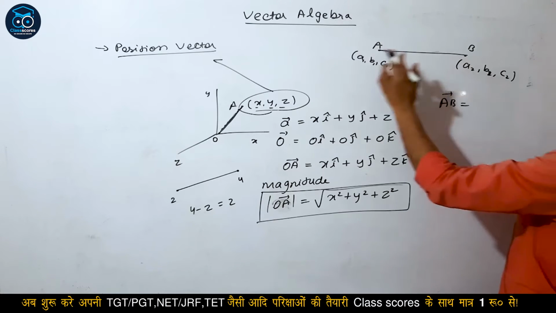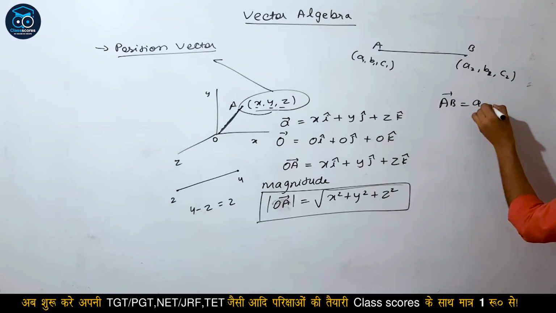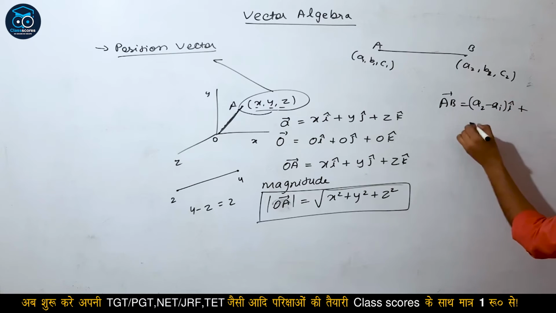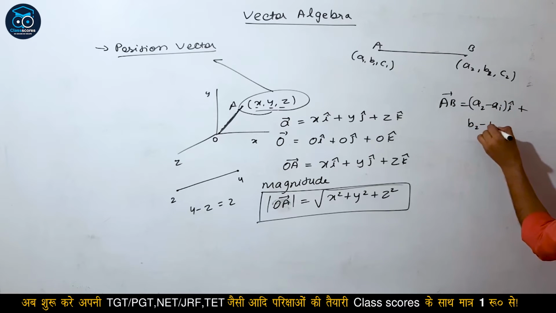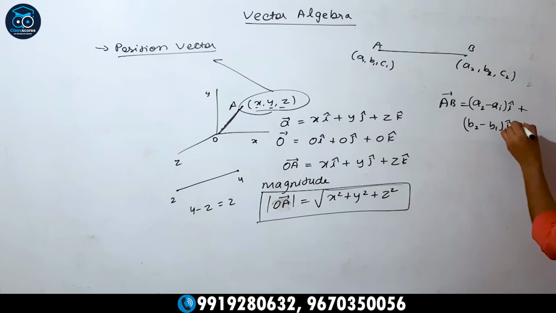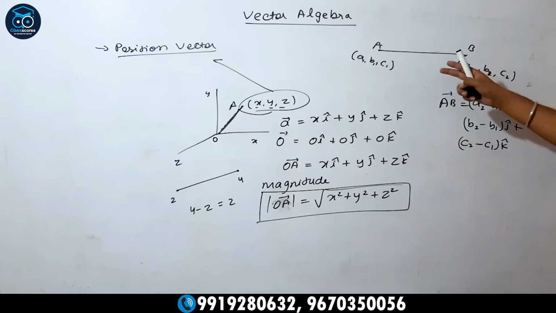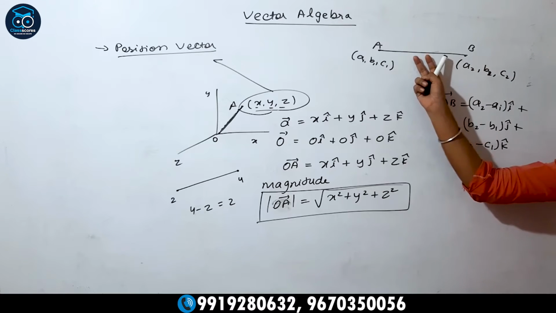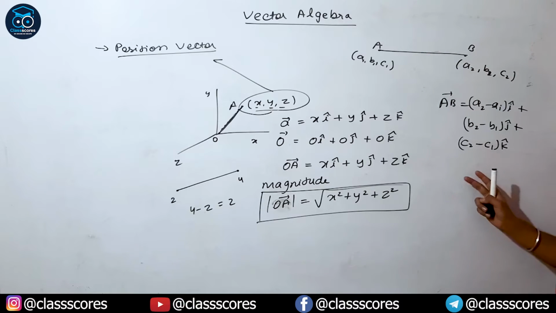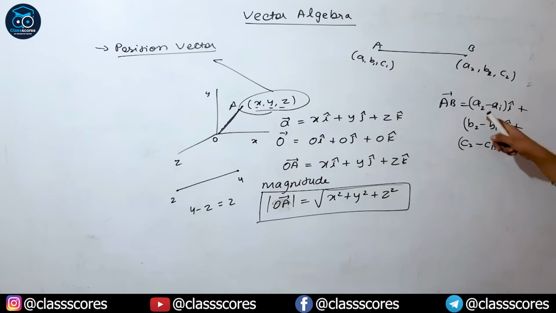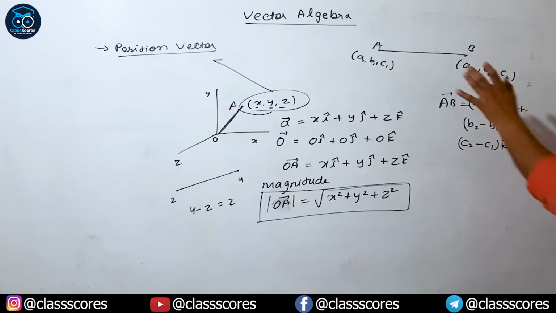AB vector means (A2 minus A1) i cap plus (B2 minus B1) j cap plus (C2 minus C1) k cap. So this is the vector of this line. If we need to find the magnitude, we just square and sum these terms and take the square root, and we will get the length of this line.